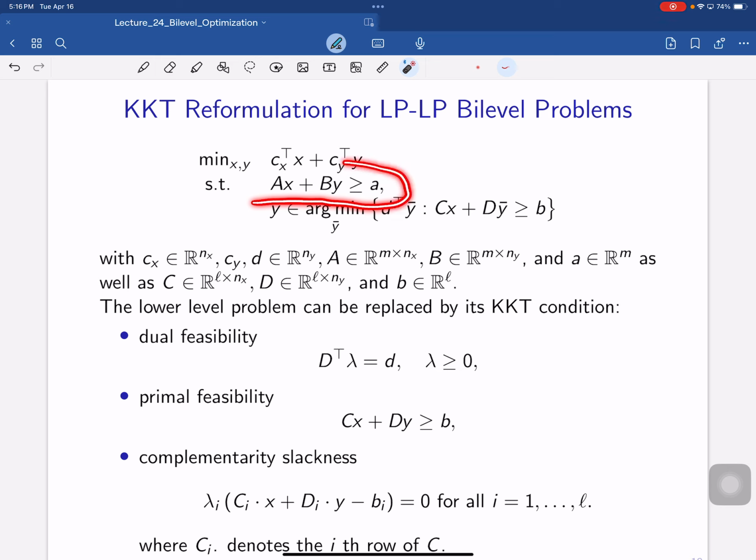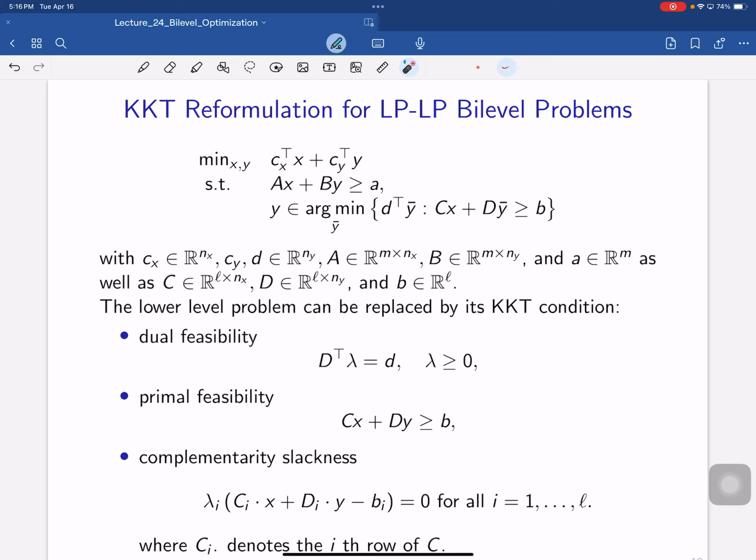These linear constraints are the constraints on the upper level, and the lower level has to solve this particular linear programming problem, which is the best response of the follower. Since this is a linear programming problem with respect to y, you can replace it with its optimality condition.